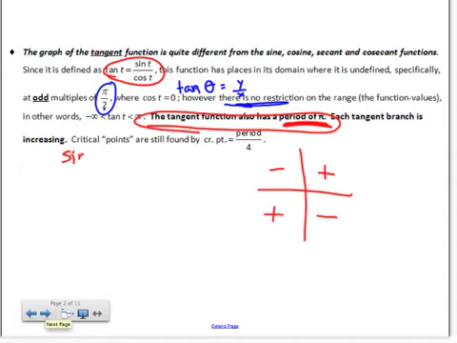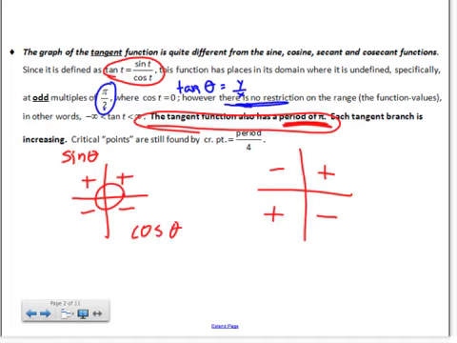If you look at the sine, you get positive values in quadrant 1, positive values in quadrant 2, negative values in quadrant 3, and negative values in quadrant 4. When you compare the coordinates of the xy points, it takes a full revolution of the circle for every pairing of positive x, positive y, positive x, negative y, etc. to match up. Same thing with cosine: positive, negative, negative, positive.